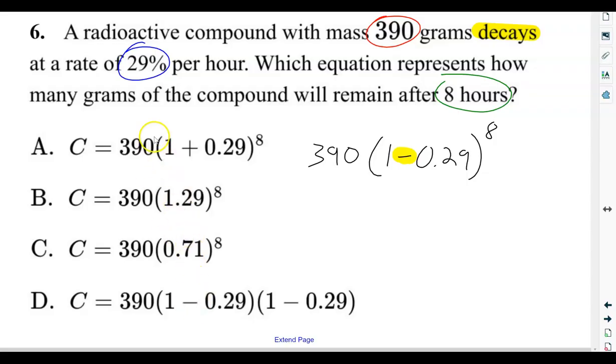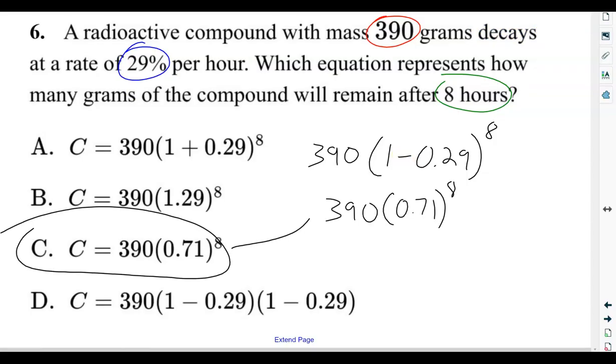This option is not here. And see, there's another one right here. You see how they have the right thing, but it's only multiplied twice? If they had it out here 8 times, it would work. Okay, but if you take the 1 and subtract 0.29 from it, you get 0.71. So it's 390 times 0.71 raised to the 8. So it's C.